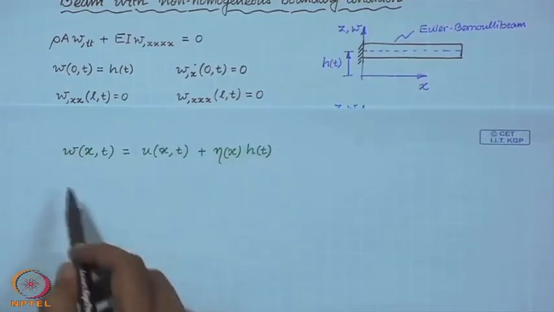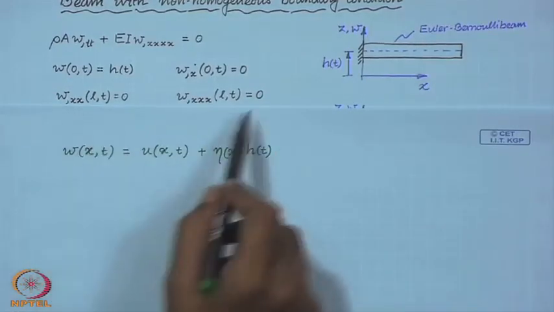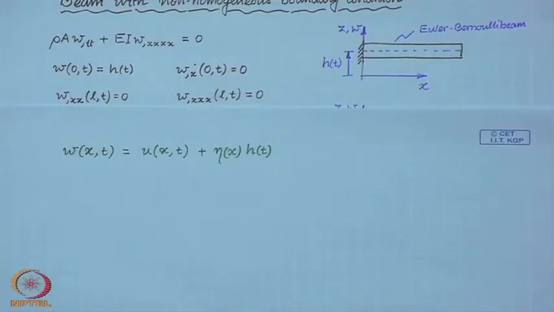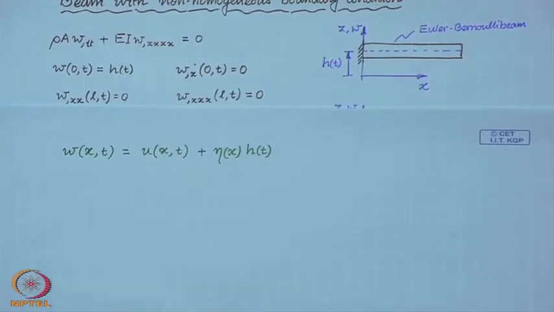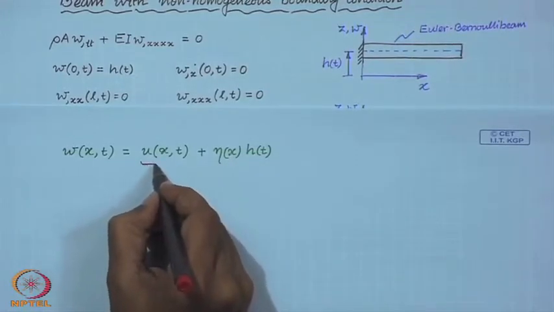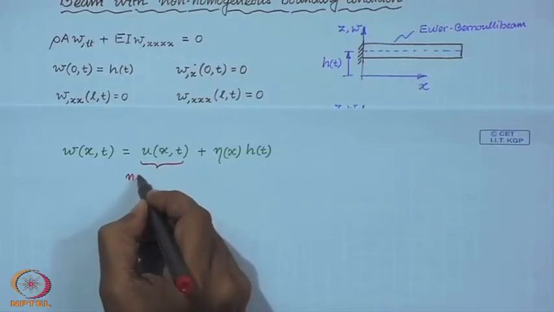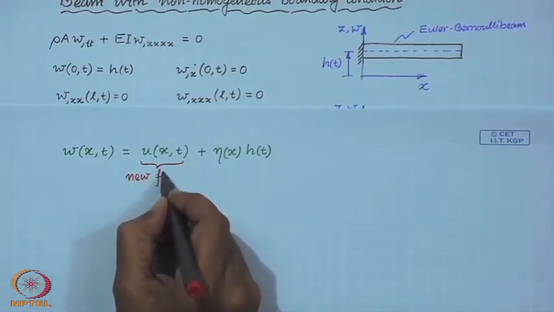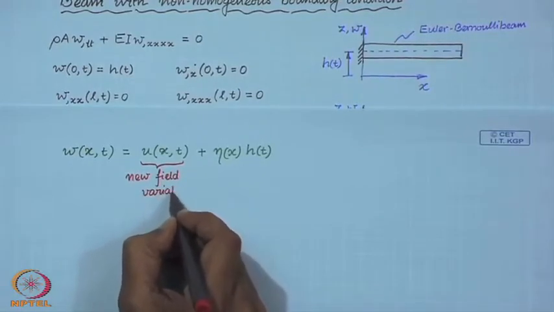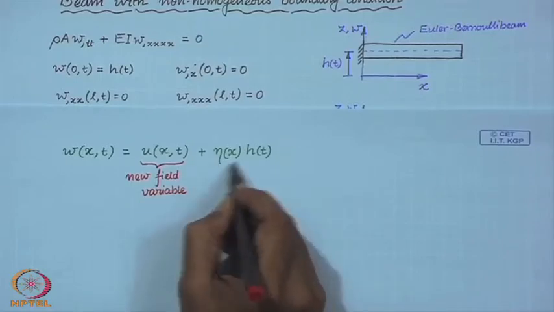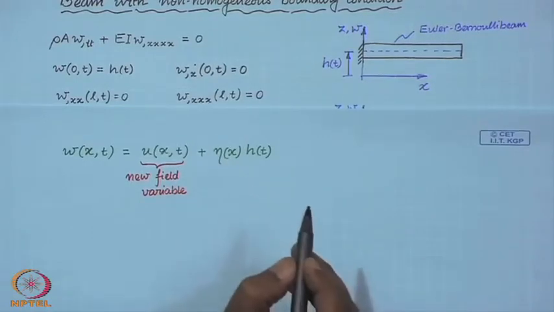Now, this structure is of course motivated by the structure of the boundary conditions. Now, this is a new field variable, and this function is as yet unknown.